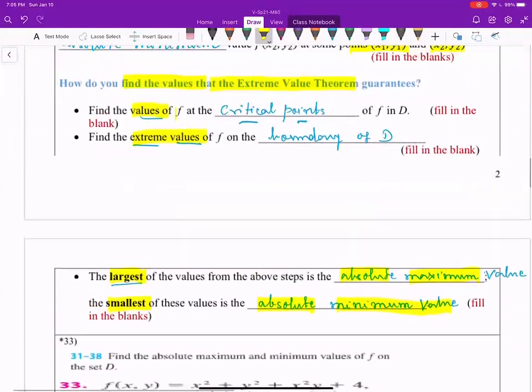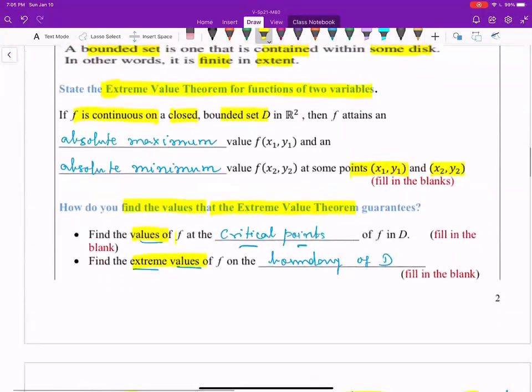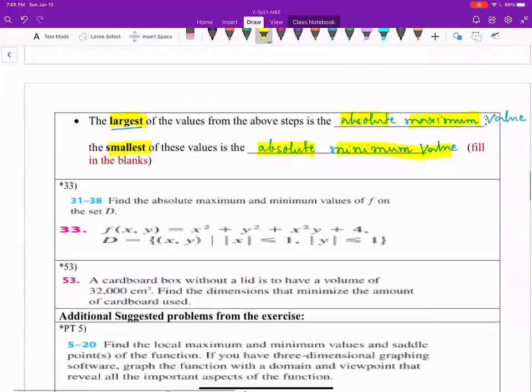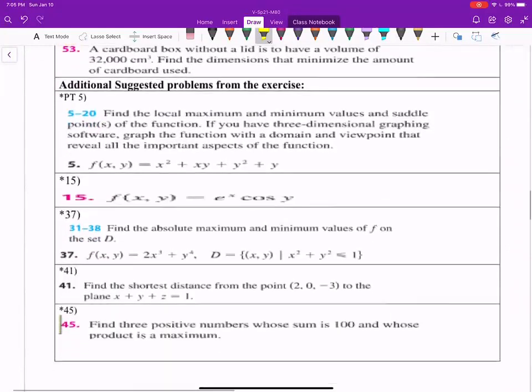So based on this theorem, the extreme value theorem, to find the absolute maximum and absolute minimum, you see some problems here, number 33, and also a word problem, number 53, and also another problem here, number 41.